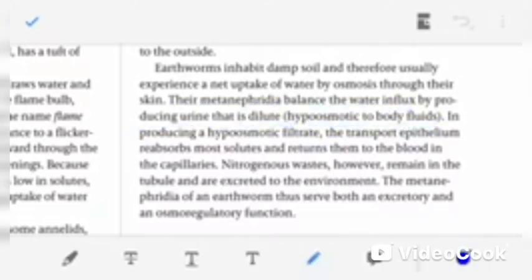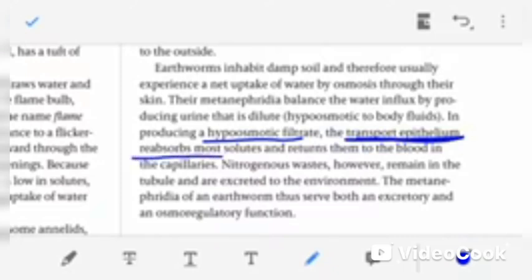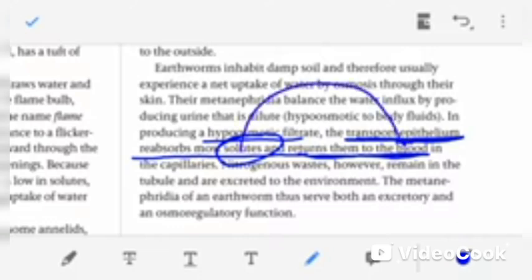In producing a hypoosmotic filtrate, the transport epithelium present in the wall of the convoluted tubule absorbs solutes, some ions, which return into the blood of the capillary network enveloping the convoluted tubule. So the solutes and ions are reabsorbed and enter the blood.